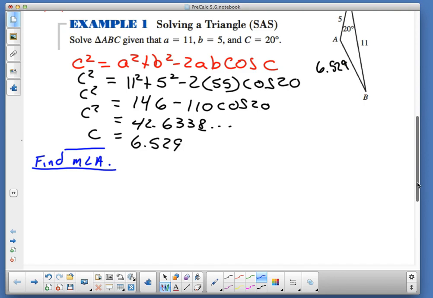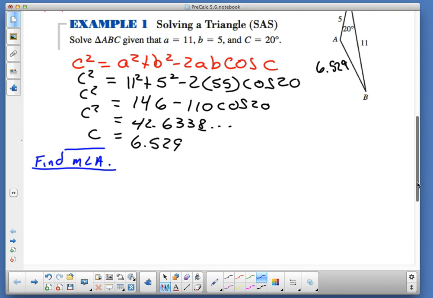Before I plug in numbers, I'm going to manipulate the formula a little bit, because I'm going to use the inverse cosine, or arc cosine. Since you have C, couldn't you do C over sine C is equal to? I could, but because we're working with law of cosines, I'm going to stay with that so we can get more familiar with it.